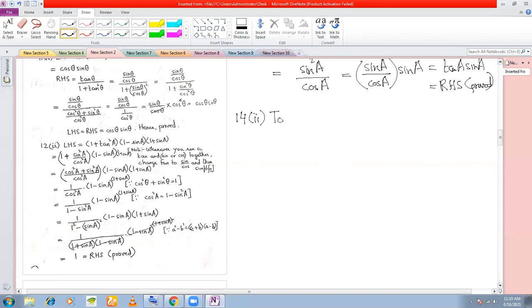To prove 1 by sec A plus tan A plus 1 by sec A minus tan A is equal to twice sec A. We start with the left hand side.